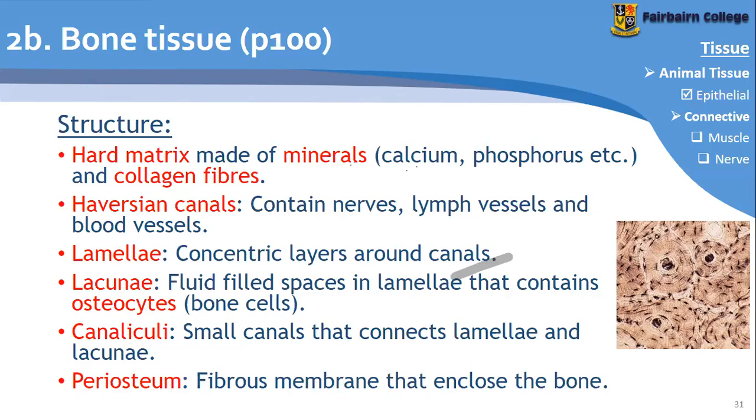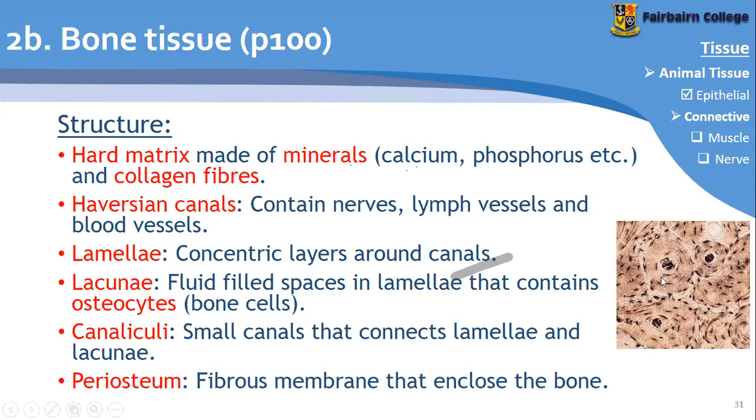So what allows the bones to be living is the Haversian canal, which is a small hole where blood vessels and nerves can run through the bone. But it can't just go through that middle part. It also needs to take substances to other parts of the bone, and that's where the other structures, the other black dots and lines, come in.